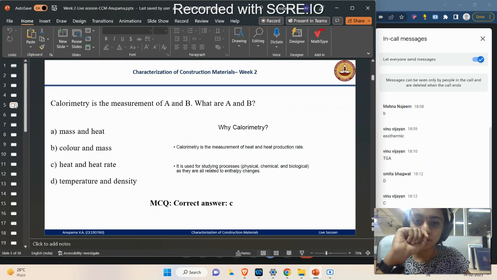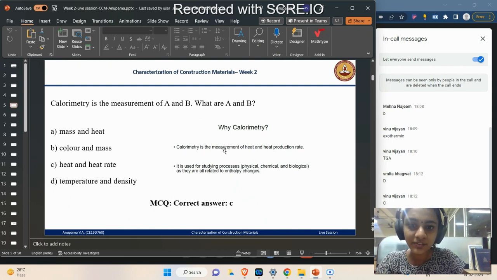This is a snippet from the slides, which is already shared with you. Here, if you see, the first line itself says that calorimetry is a measurement of heat and heat production rate. That is exactly why we can use calorimetry in studying cement hydration, right? Because in the previous question, when I asked whether cement hydration is an exothermic or an endothermic reaction, we got the reply that it is an exothermic reaction, which means that it produces heat.